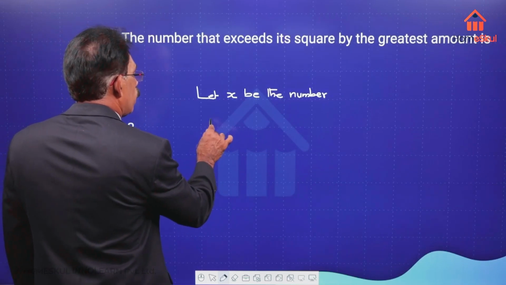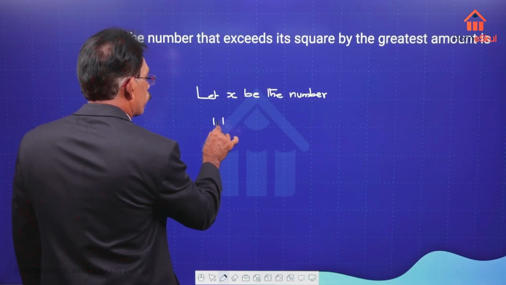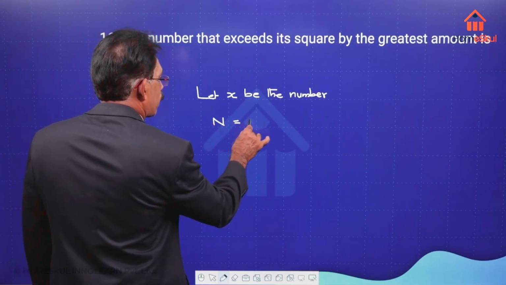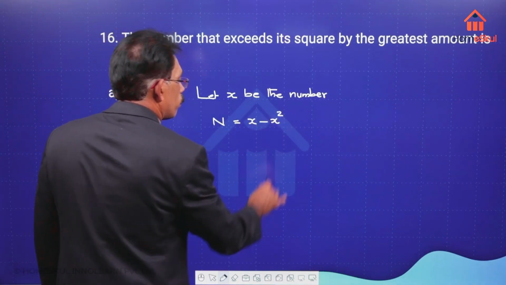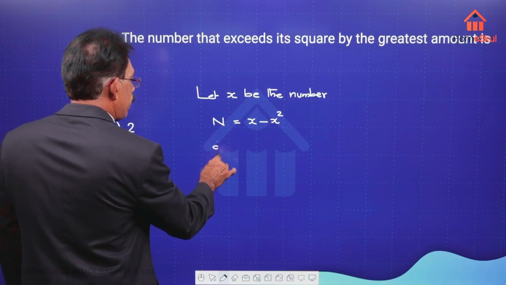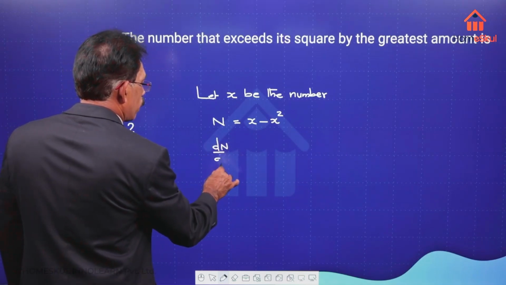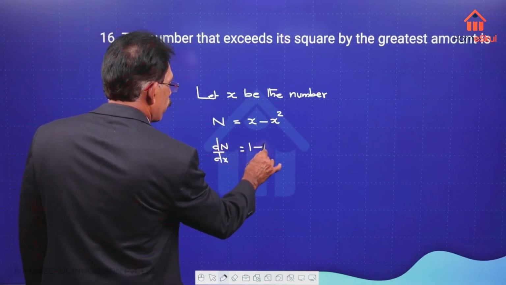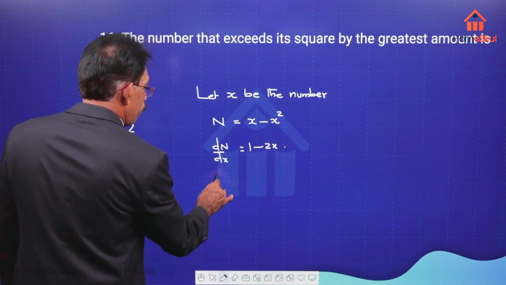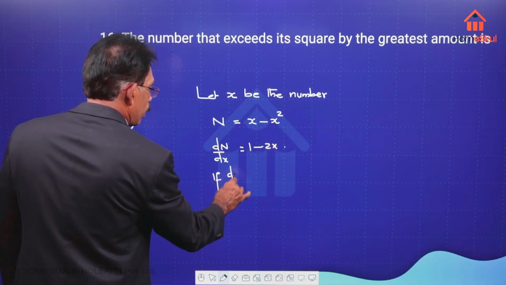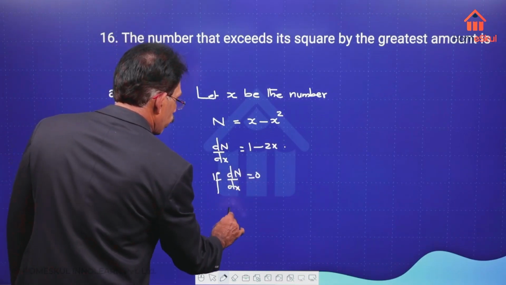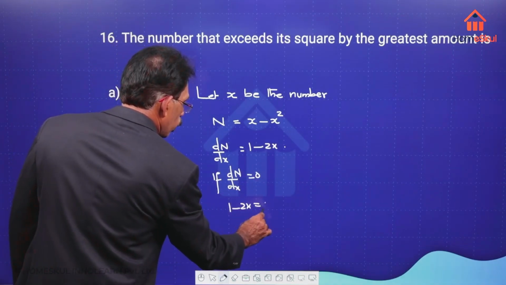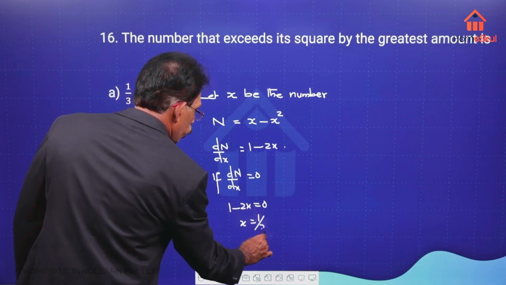So look, number n is equal to x minus x square. Then dn by dx is what? dn by dx is equal to 1 minus 2x. If dn by dx is equal to 0, we get 1 minus 2x is equal to 0. Therefore, x is equal to 1 by 2.